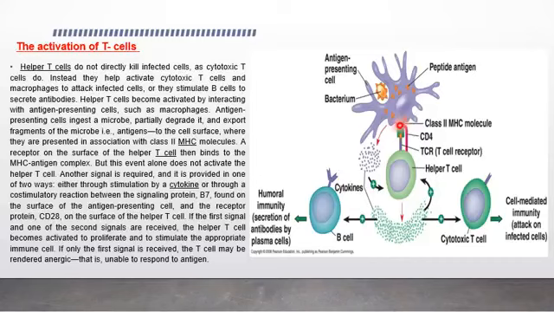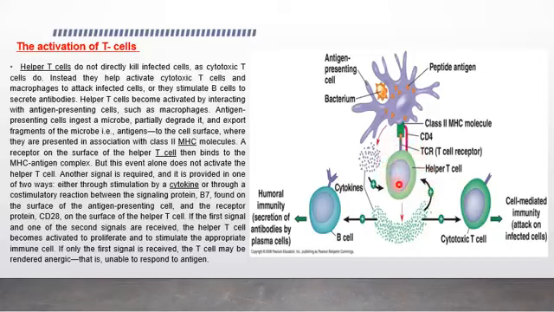Once in the lymph node, the antigenic cargo of the dendritic cells presented by the MHC class 1 is recognized by naive T cells, which undergo the activation period. How?